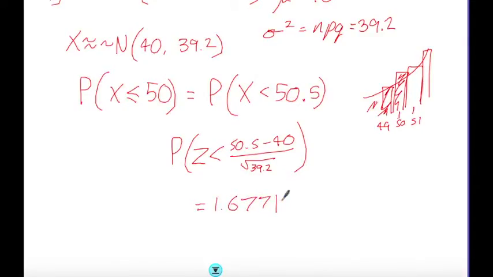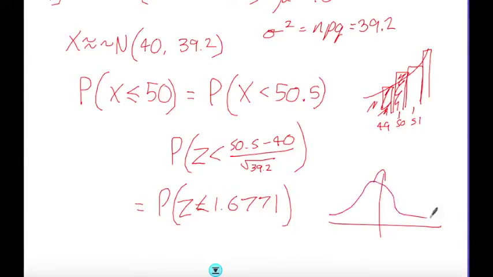So that should be the probability that z is less than 1.677. Right, so because it's less than, if we imagine a drawing of it, not a great drawing.